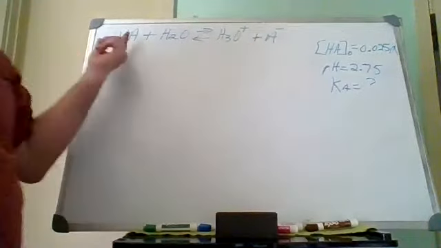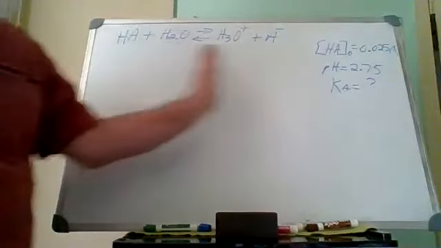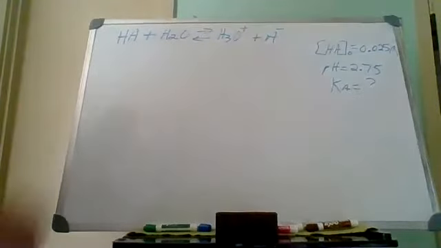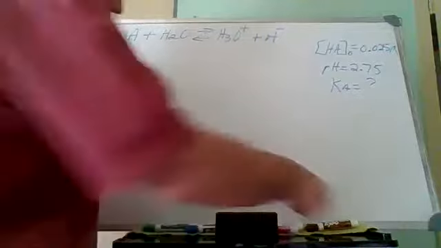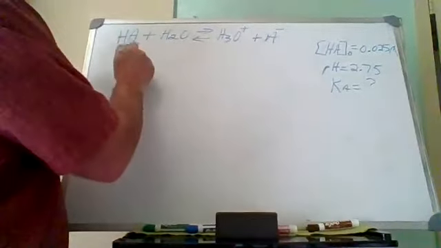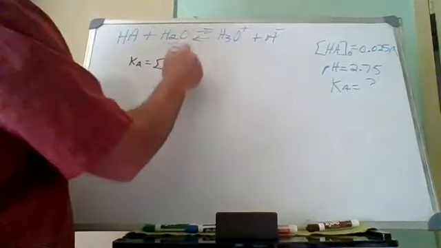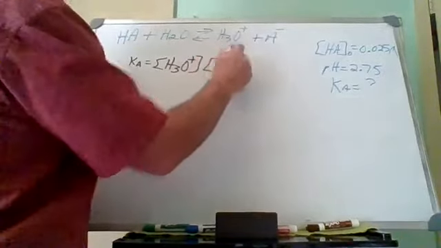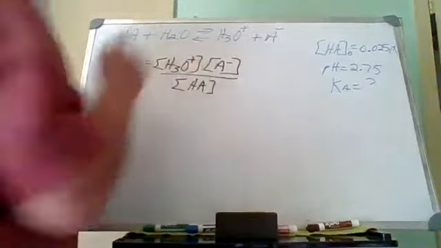When it's protonated, it's lactic acid. That saves you from having to write out the formula for the acid in each case. So we can write an equilibrium acid ionization constant for this. Ka is equal to H3O plus times A minus divided by HA.